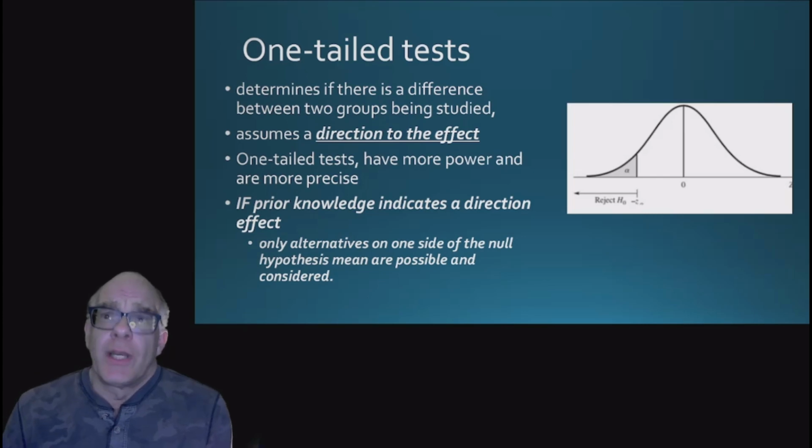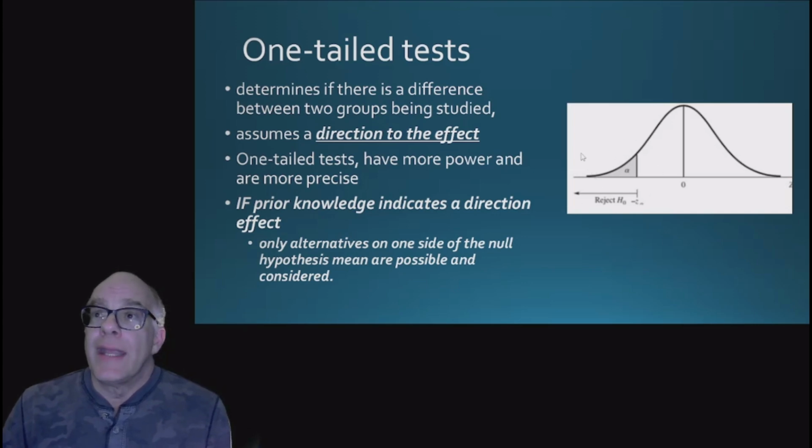Now, when I say assumption, it means that you have prior knowledge indicating that there would be a direction effect. And so if you're looking at the effects of fertilizer on the growth of a plant, you would expect that the fertilizer is going to promote growth, and you would have evidence, prior knowledge, that there is likely to be a direction effect. With this, we can then look at one end of the curve.